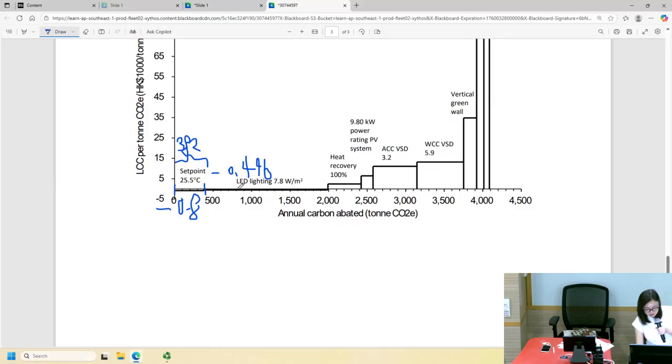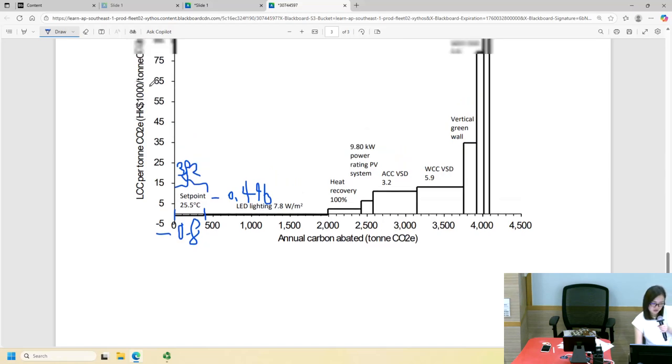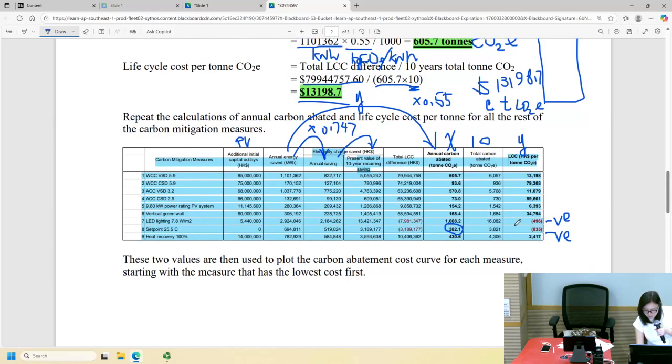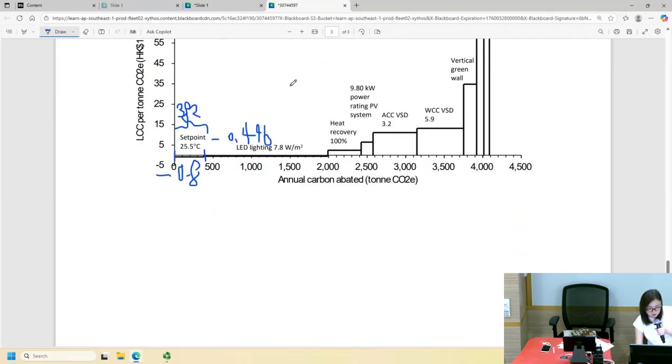For the LED, the cost is negative $0.496 thousand for every ton of carbon dioxide reduction, and the total annual carbon dioxide reduction is 1,608, so this length would be 1,608 tons of carbon dioxide equivalent.